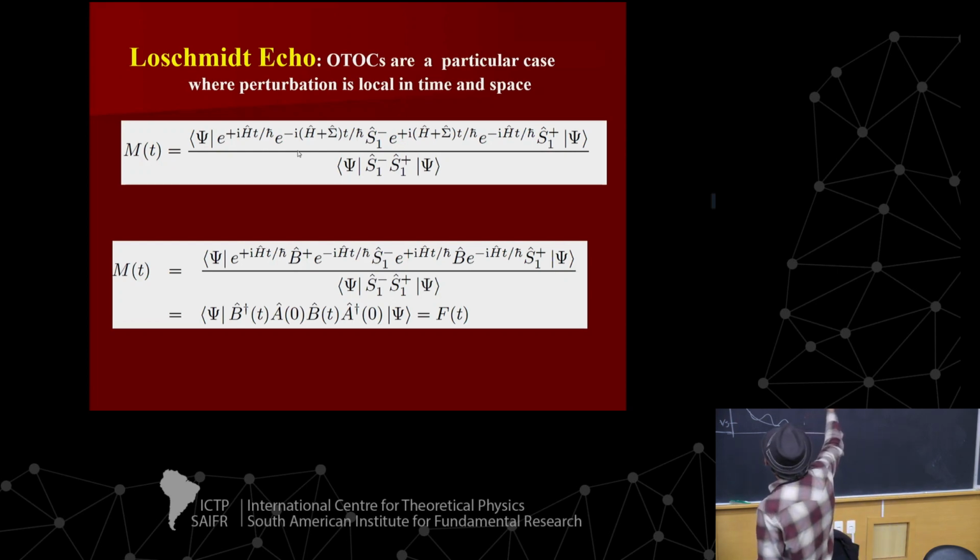Then let's see again what we are studying. I said: having a many-body state, create an excitation, forward in time, backward in time, detect the excitation. If you rewrite this, you can now write a perturbation that does not act during the whole backward evolution, but a perturbation which is a delta function in time.